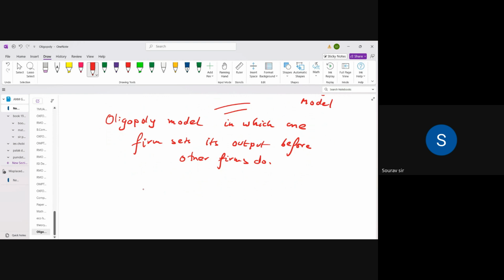So if I continue with this example only, considering P equal to 30 minus Q, where Q is the total output.